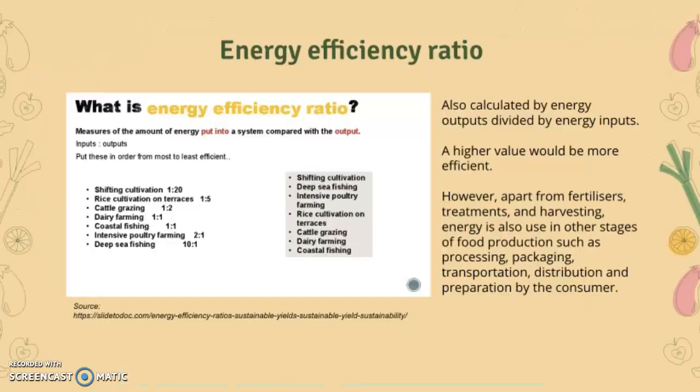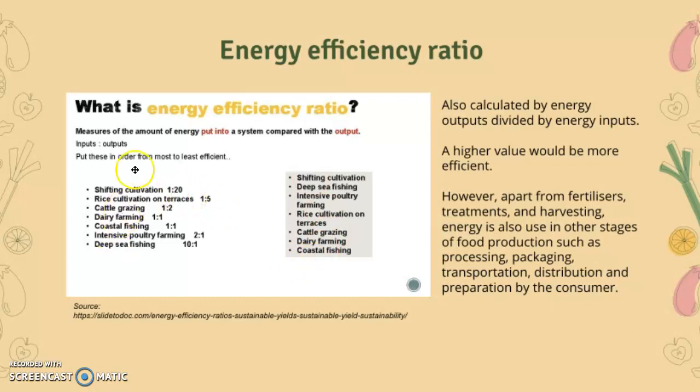Okay, so energy efficiency ratio is a measure of the amount of energy put into a system compared with the output. So here's an example. Putting these from most to least efficient would be this order here. So shifting cultivation would be most efficient, whereas coastal fishing would be least efficient.